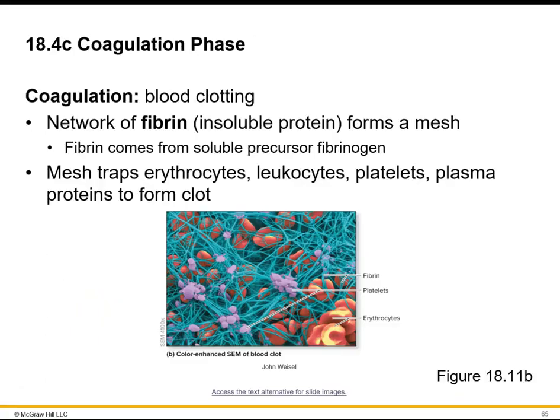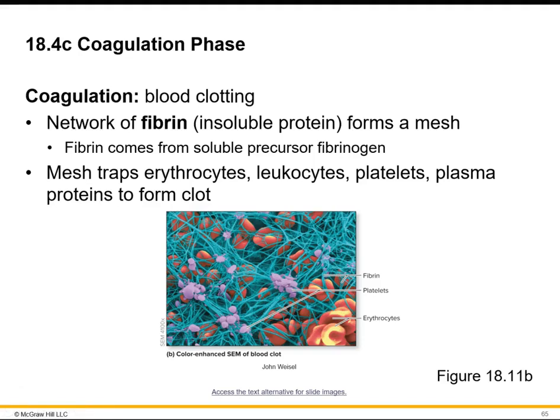Okay, and then finally there is the coagulation phase. And coagulation means blood clotting. So when you hear someone referring to a blood clotting problem, coagulation disorder, know that that's going to affect the final phase of hemostasis.